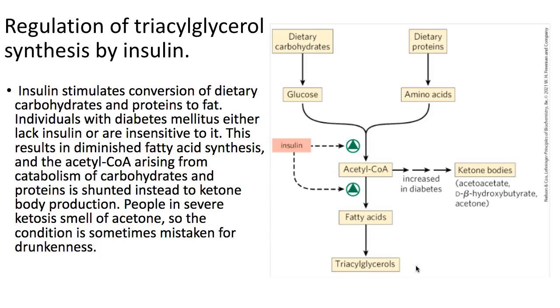And then from there, it can produce the fatty acids that are being built up in the cytoplasm. So this is stimulated with insulin. But when insulin is not available or not being effective, then instead of creating fatty acid, the body produces ketones.